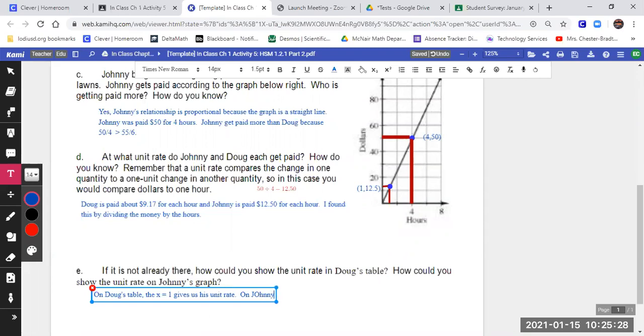On Johnny's graph, that's a lowercase o, the point. What's the point? Which point on Johnny's graph told us the unit rate?